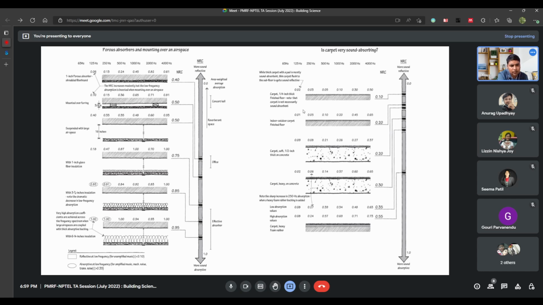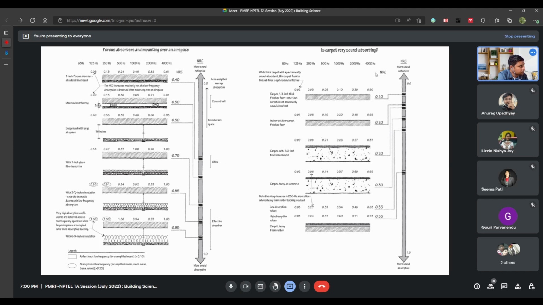The other case, in the right side chart, shows whether putting in a carpet will yield good sound absorption in the space. It compares quarter-inch thick finished carpet and indoor-outdoor carpet, and multiple carpets with different thicknesses are being compared.